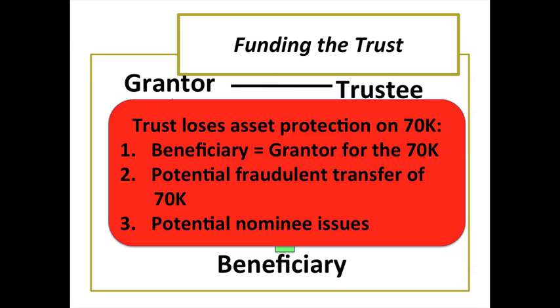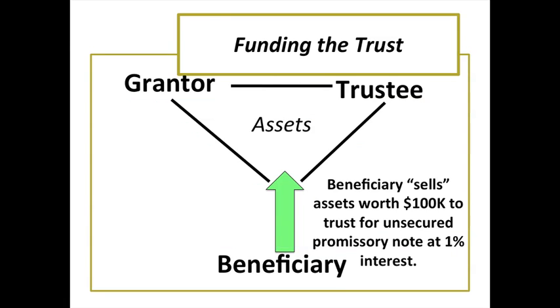Next one. Beneficiary sells assets worth $100,000 to the trust for an unsecured promissory note at 1% interest. And let's just say the promissory note's for $100,000 also. Well, we're getting on the right path, but we're not quite there. And what are the problems here? Number 1, unsecured.